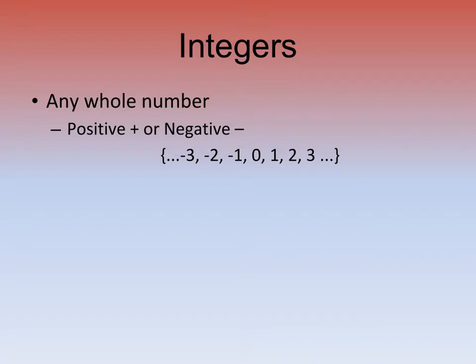All right, so an integer, you've seen this before, right? An integer is any positive or negative whole number. So it also has to be a whole number. Here I show these squiggle brackets.